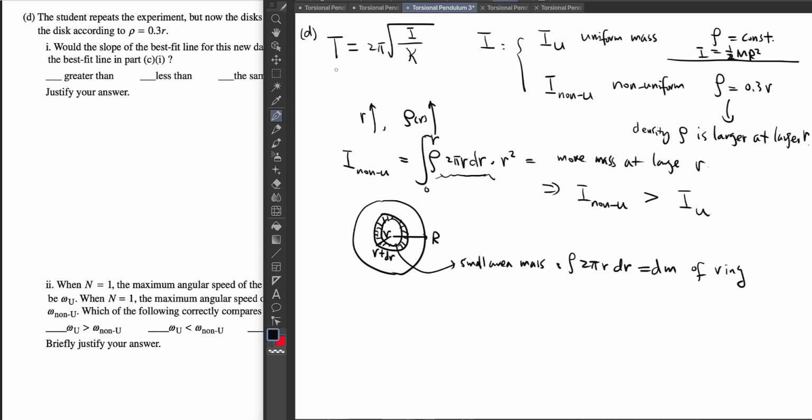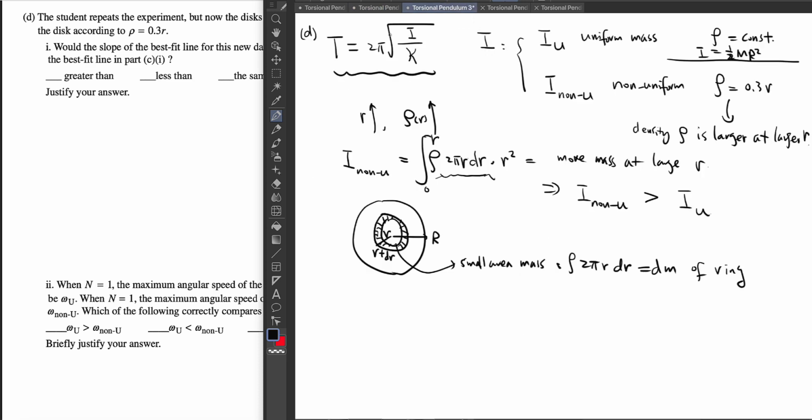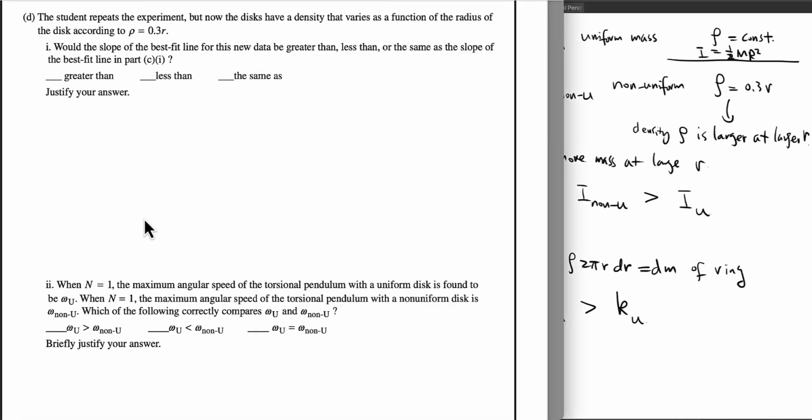Now going back to our period, sorry, I shouldn't write down the period, I should write down kappa. The slope we're interested in is 2 pi square root of I over kappa. So the slope for non-uniform will be greater than the slope for uniform mass distribution. So the answer is larger than.